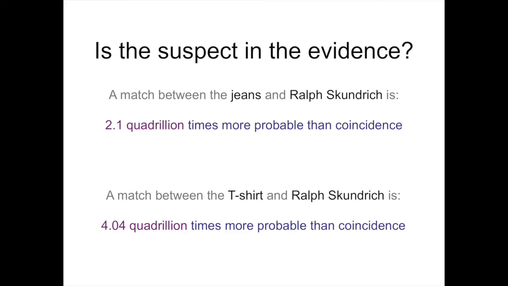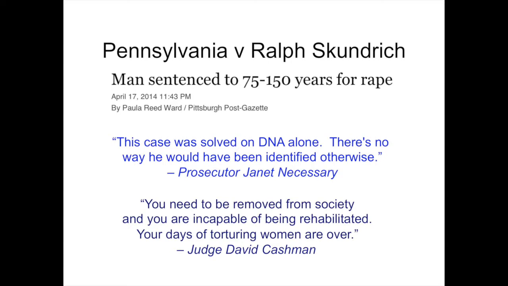So there were 2 different items of evidence, both producing strong match statistics, and Mr. Skundrich was convicted and sentenced to 75 to 150 years. On this crime, he has a lot of other crimes that were actually involved in the Butler County trial as well. And according to the prosecutor, Jan Necessary, this was a pure DNA case, and Judge David Cashman has basically said his days of torturing women are over.